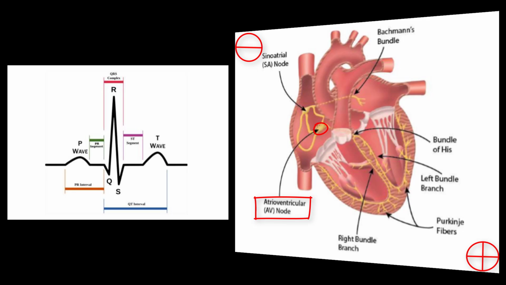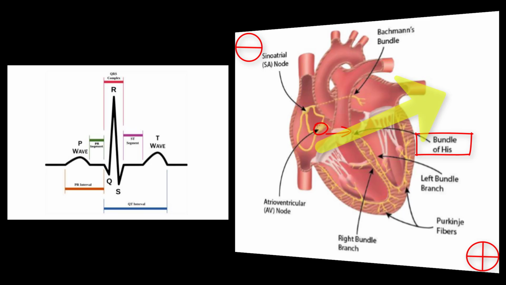After the delay, the signal is then sent and continues through the bundle of His. Notice how the signal is heading in a direction between the positive and negative lead. If the signal is going neither towards the positive lead or the negative lead, what type of deflection will occur? An upward or downward slight deflection.